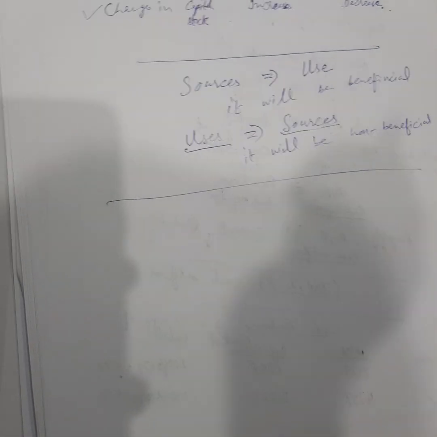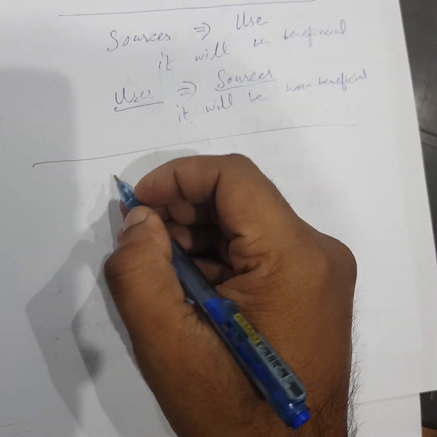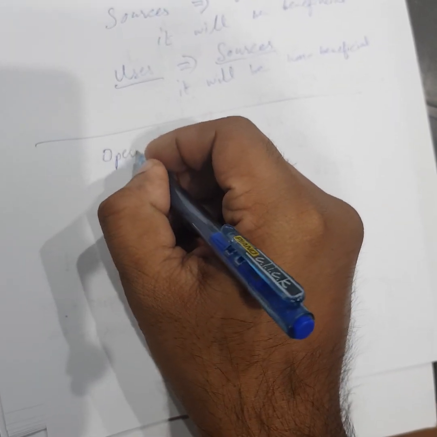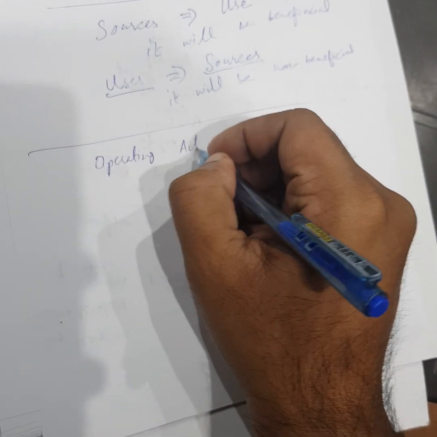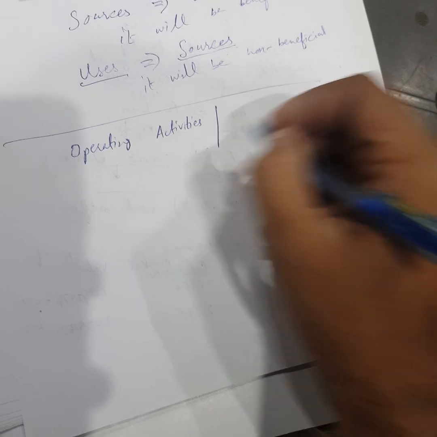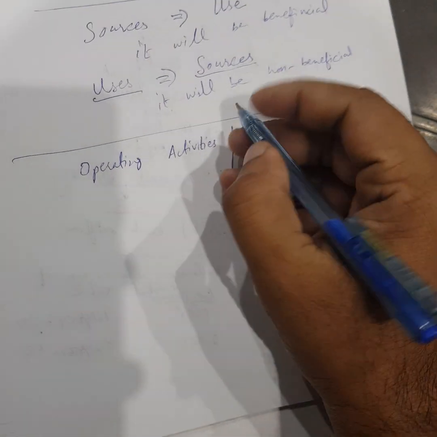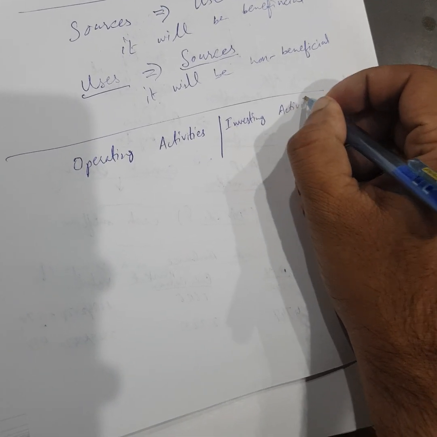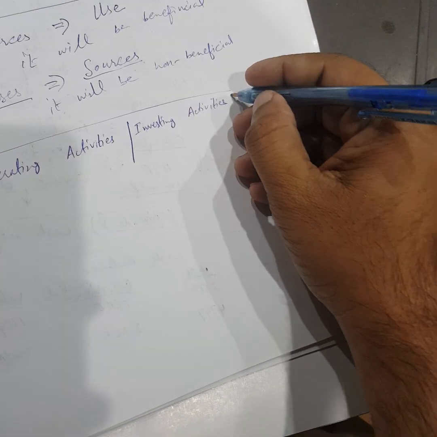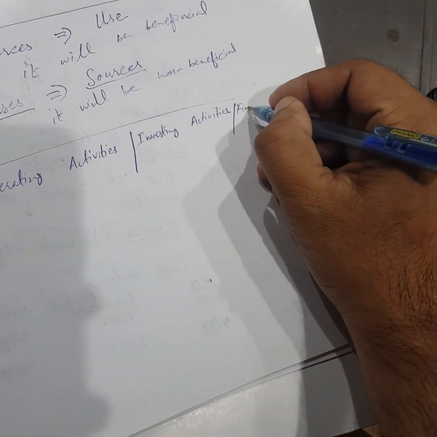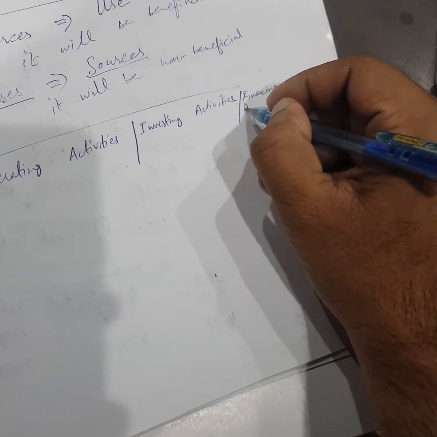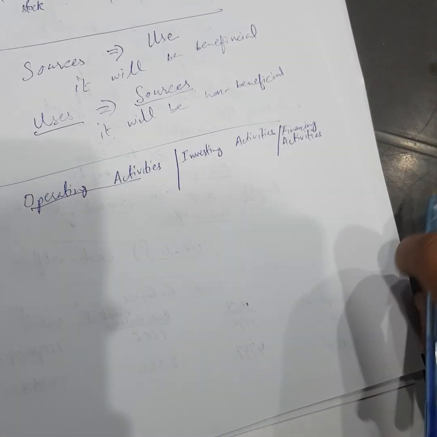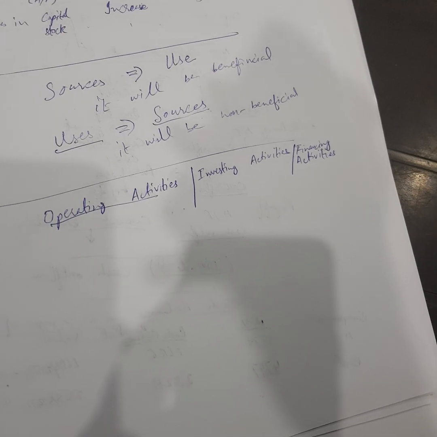So we are going to make a cash flow statement. A cash flow statement is the combination of operating activities, investing activities, and financing activities. What are operating activities?